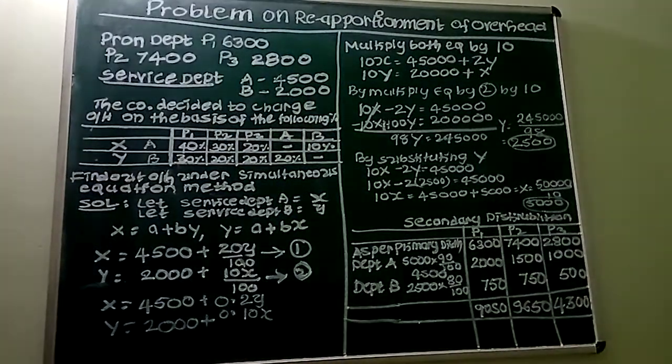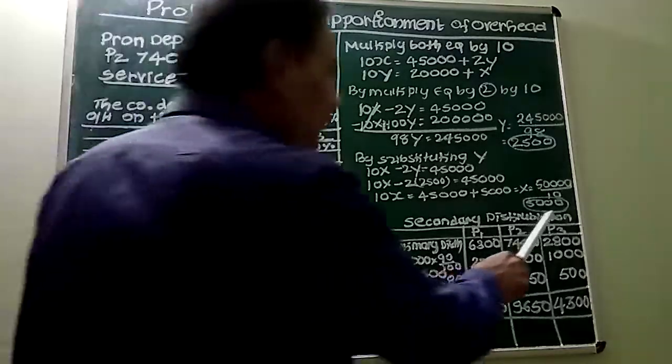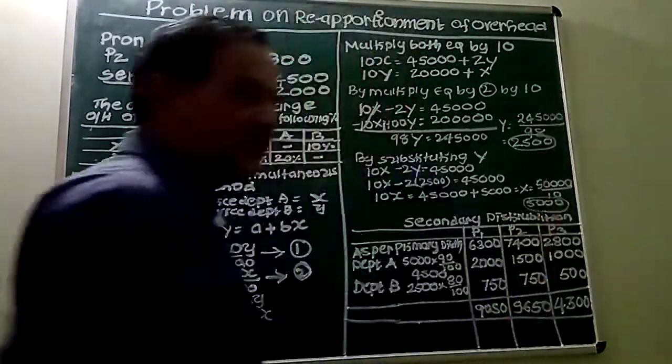Then you take the overheads of department A, which we have denoted as X. See here, X was only 5,000 rupees.